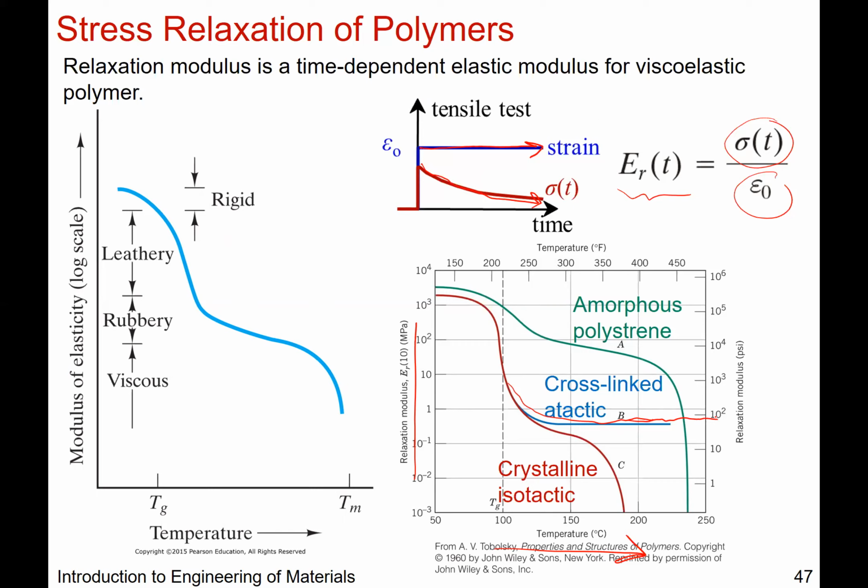Atacticity is when the functional groups are on randomly everywhere. And then crystalline isotactic polymer. Isotactic means all the functional groups are on the same side, so they pack better and crystallize better. It behaves like the red curve that you see there. So just by looking at the relaxation modulus, you can get a sense of the chemistry and the microstructure of the material before you even probe it.